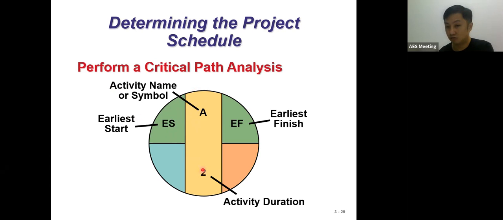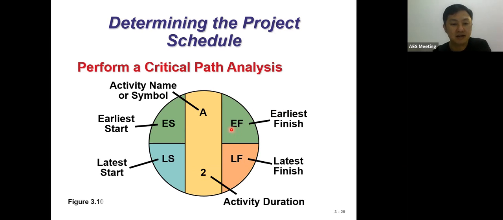And this activity is 2 weeks. So what is the early finish? 2 weeks also. Logically, early start plus activity duration gives you the early finish. Can you see that? 0 plus 2, the early finish is 2. That is what is meant by the early finish.